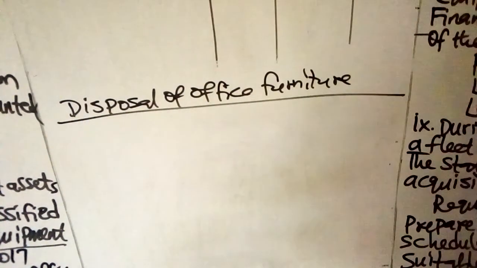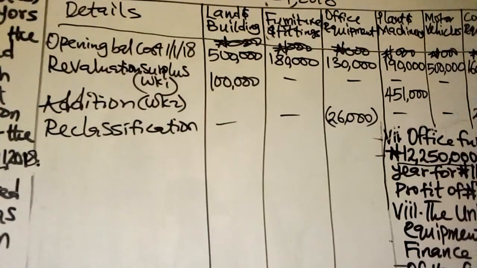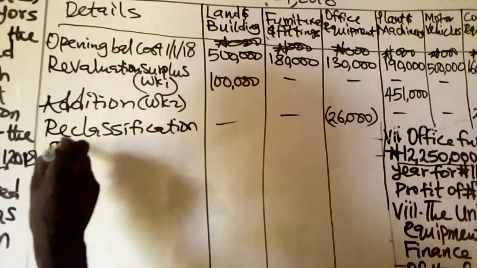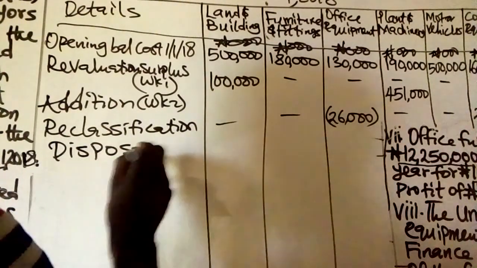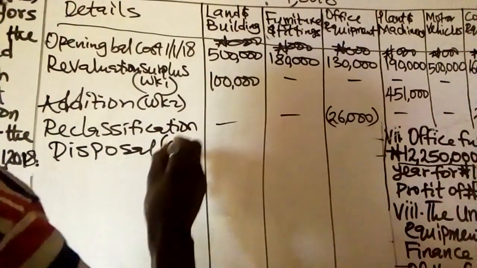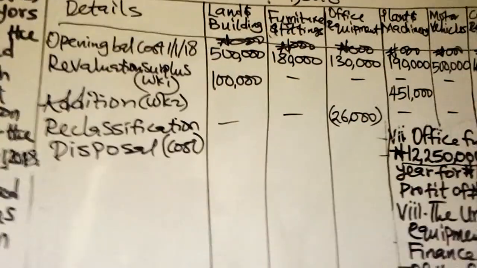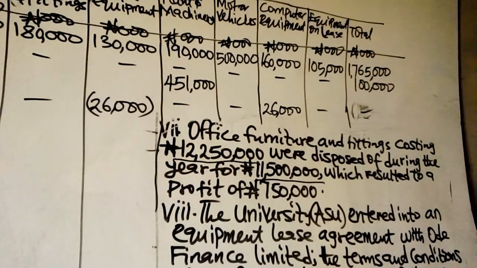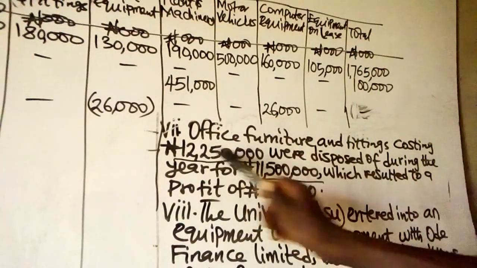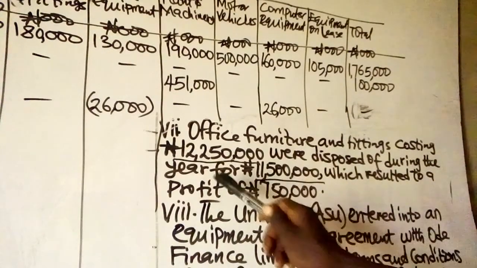Now let me put the disposal here. I've told you that it is the cost we are going to include here. At the time of purchase, it cost 12,250,000. Office furniture and fittings costing 12,250,000 were disposed of during the year.